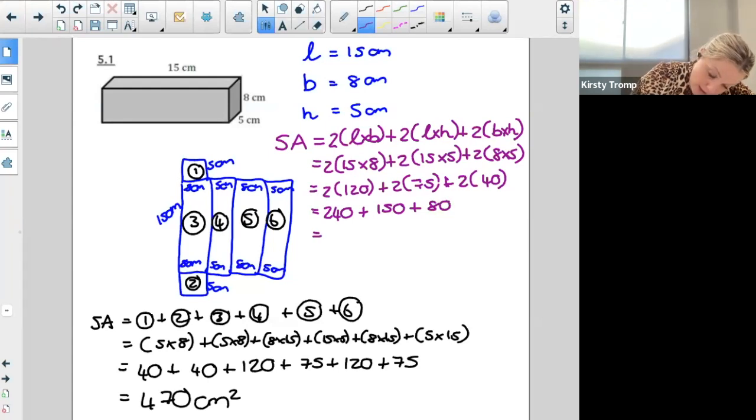And when you add all of those up, you get 470 centimeters squared.